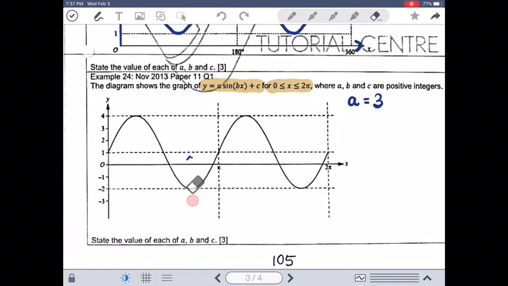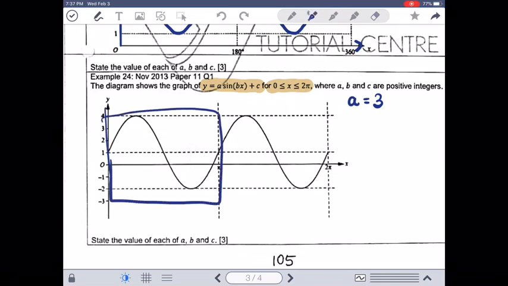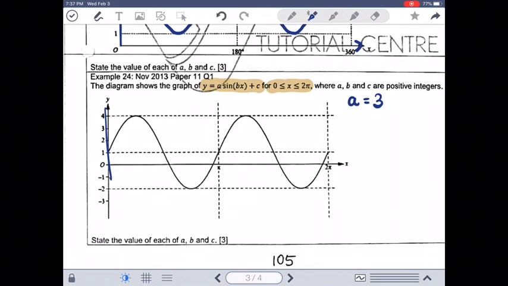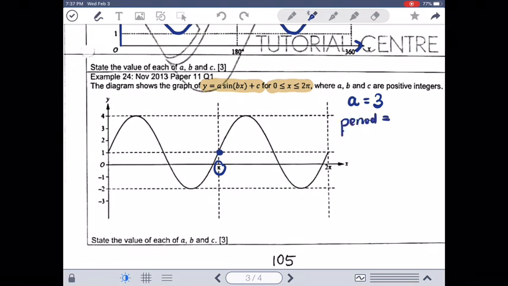How about the period? If you can see one cycle, there is one cycle in every pi. So that means the period equals 2 pi over b. In this case, our n is b.